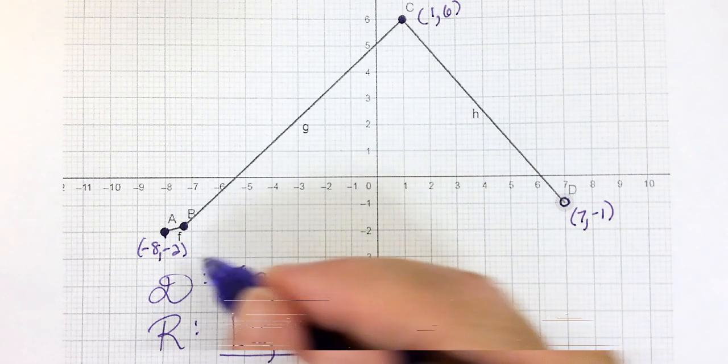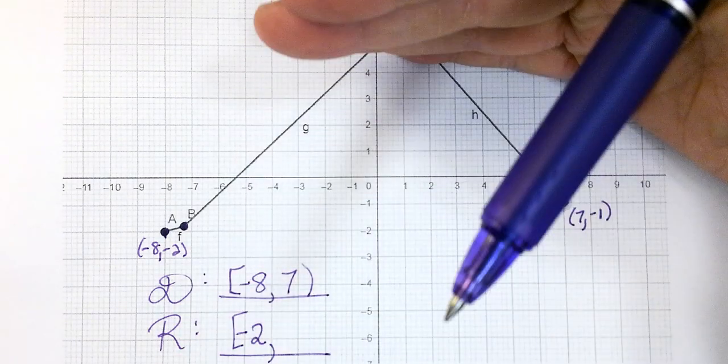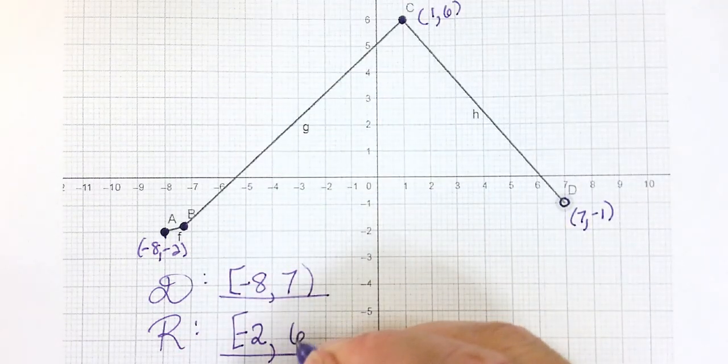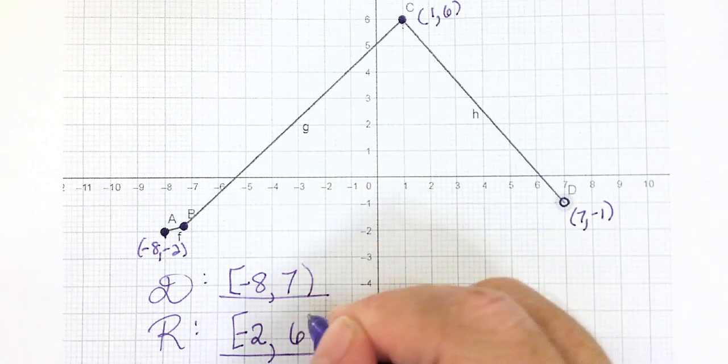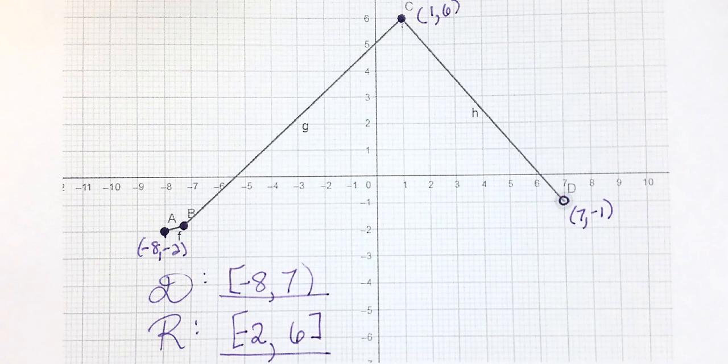So it's going to go from -2 to 6. And since C is a closed circle, this will get a bracket. So the range there is -2 included to 6 included. Bracket here, bracket there. So this is one example.